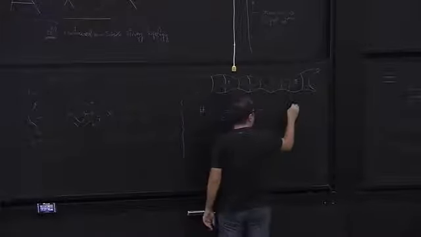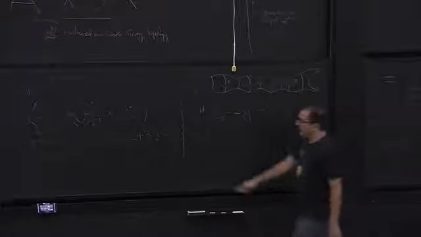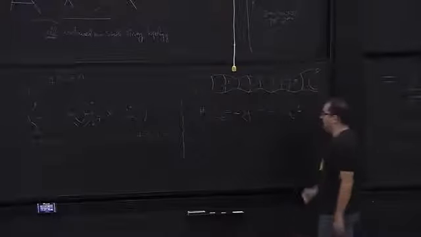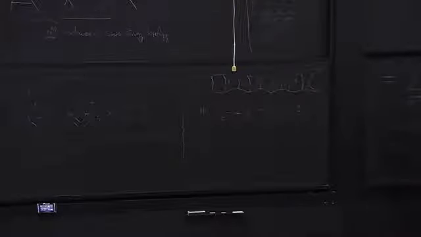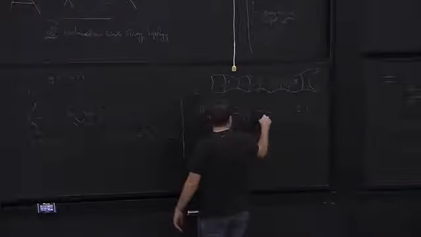And each pair of pants comes with which coupling? Each pair of pants comes with this power of g_string that we computed here, which is just 1 power of g_string, so times 1. So in total, this is what we get, 2g minus 2.